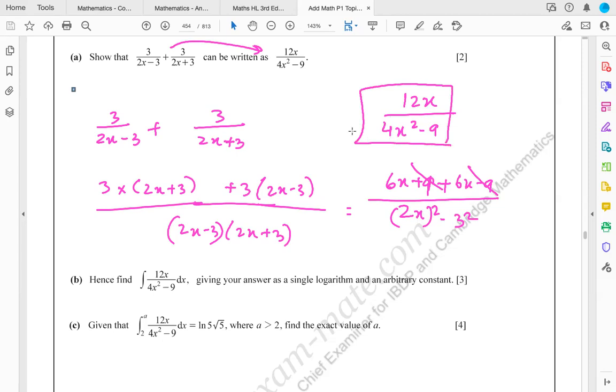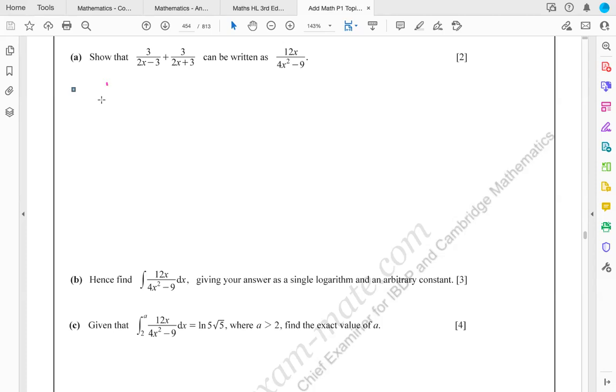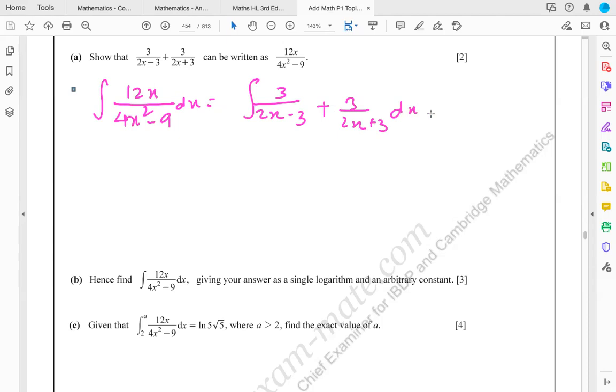So that's the simplification for this part. Now they're saying that hence integrate 12x upon 4x squared minus 9. Integration of 12x upon 4x squared minus 9 is going to be the same as the integration of 3 upon 2x minus 3 plus 3 upon 2x plus 3 dx.